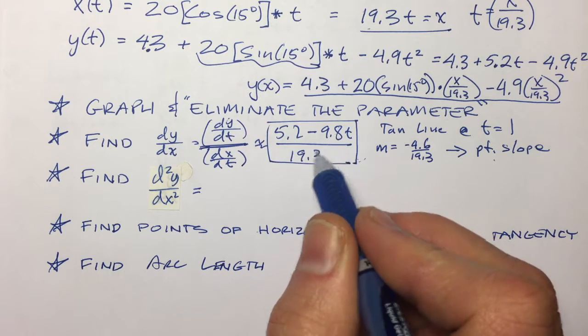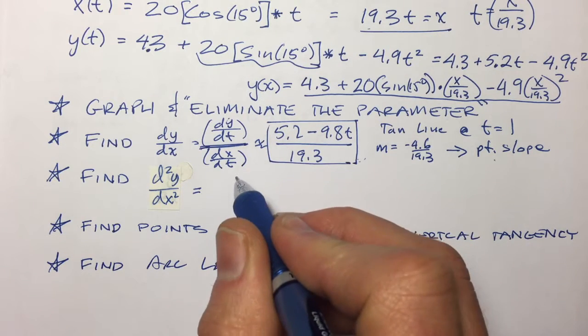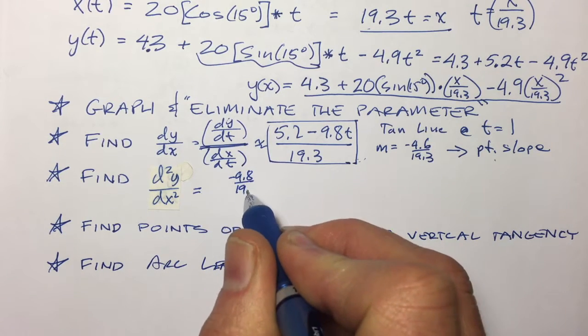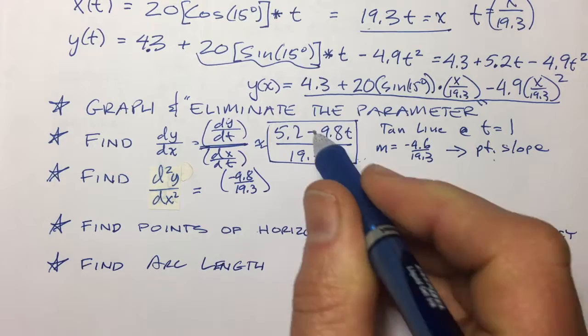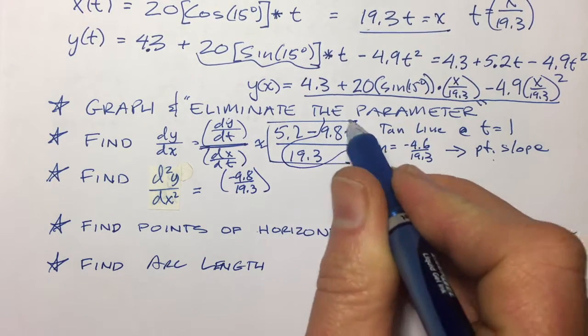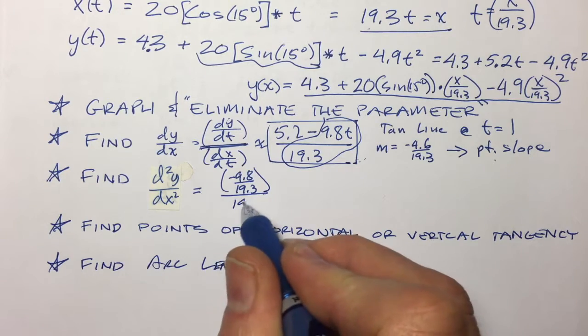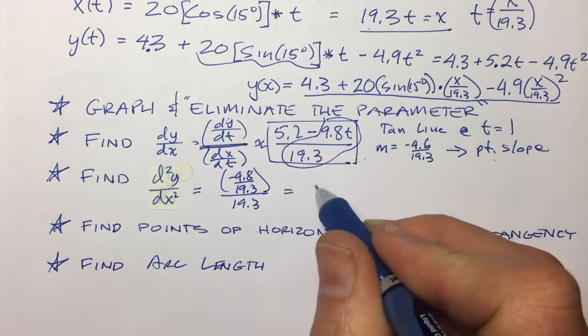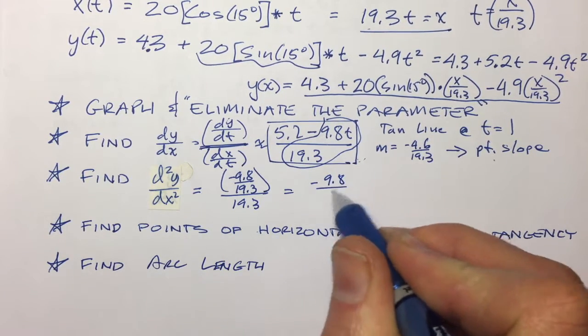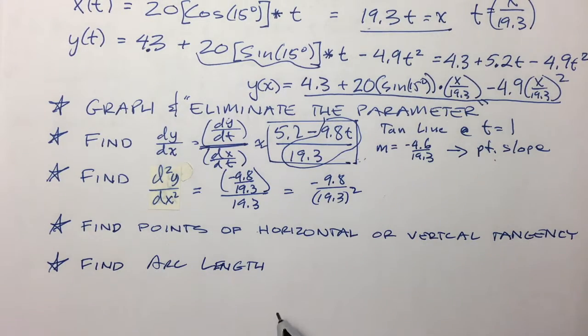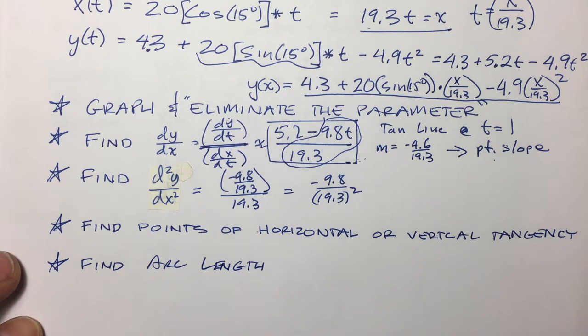And then when I divide this in and take the derivative, this will then be minus 9.8 over 19.3, because this fraction here, when I take the derivative, will just drop the t, and then that's all over 19.3. So this would equal negative 9.8 over 19.3 squared. Again, won't put that on the calculator. You can if you want.